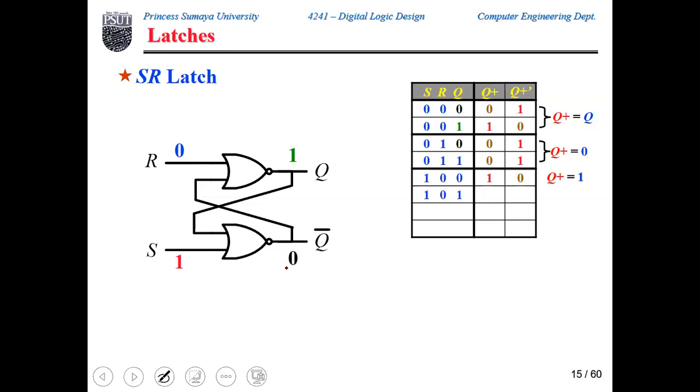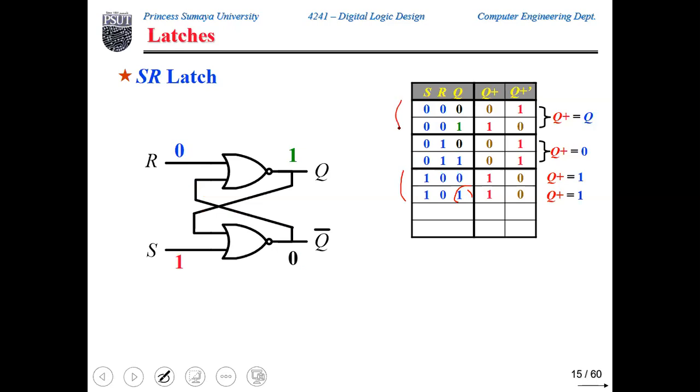The same thing if you try the combination when S is 1, R is 0, and the initial stored value is 1. If you analyze it, you figure out that Q plus, or the new value, is basically 1. So this becomes what? A set operation.